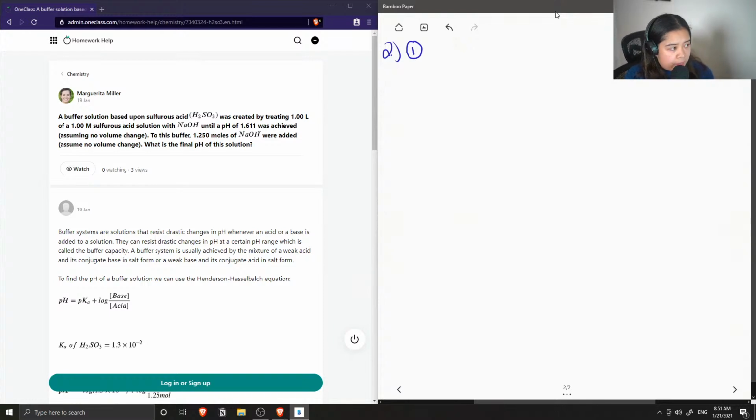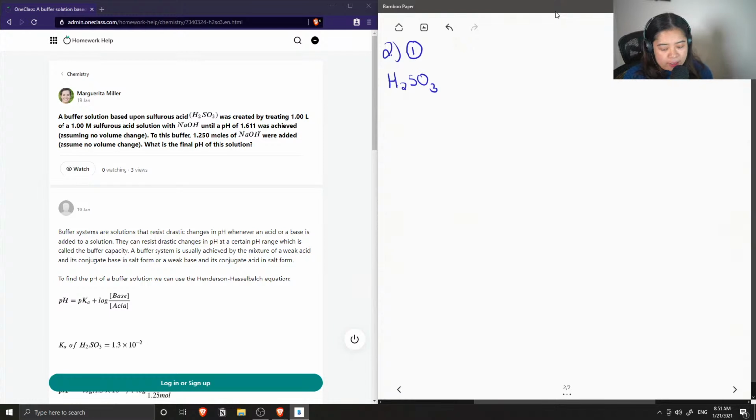So for example, we know that a buffer solution that was based upon sulfurous acid, which is H2SO3, was created by treating 1 liter of it with sodium hydroxide.